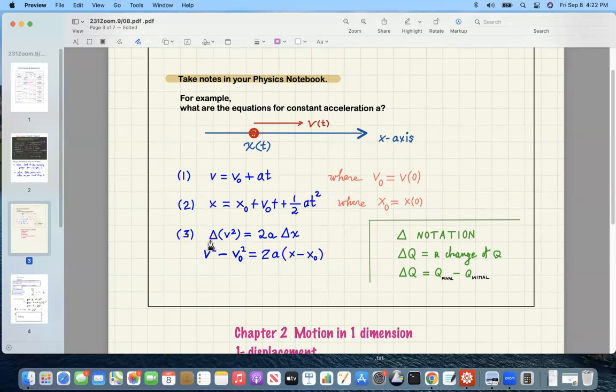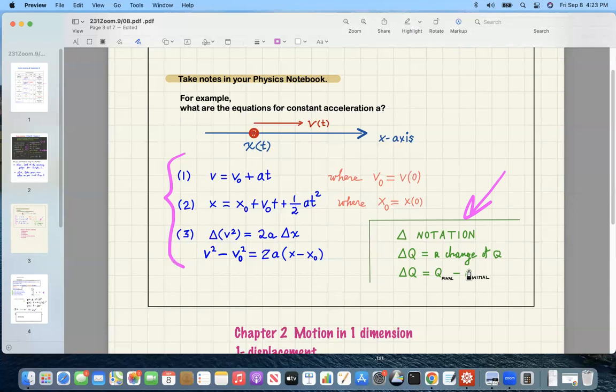And we have these three equations. Make sure you write these down in your notebook. The three equations when acceleration is constant. And be sure you understand the delta notation. Delta Q, where Q is some variable, means a change of Q. It's the final value minus the initial value during which this change occurs.